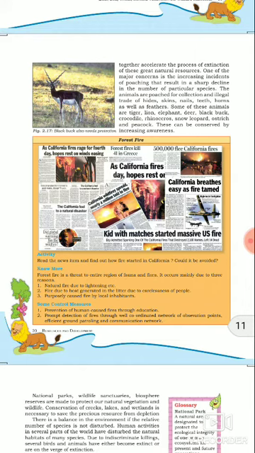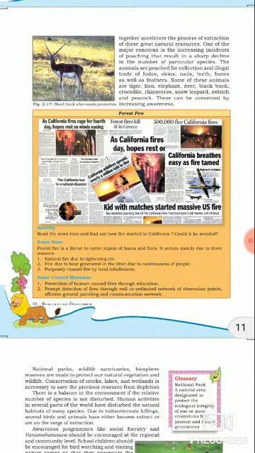These are some of the terms used in the main headlines of newspapers. California breathes easy as the fire is tamed. California wildfire spreads, nearly a million told to flee.